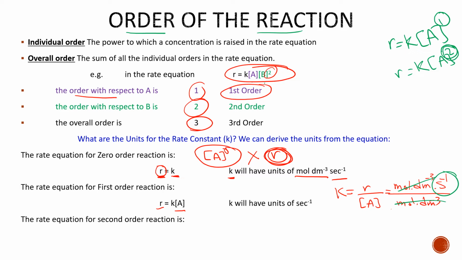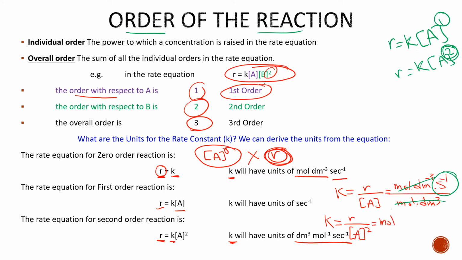This is how we can derive the unit for the rate constant for the first order reaction. What about the second order reaction? For second order, R is equal to K multiplied by the square of the concentration of A. How can we derive the units of K? Same idea. K is equal to R over the concentration of A to the power 2.